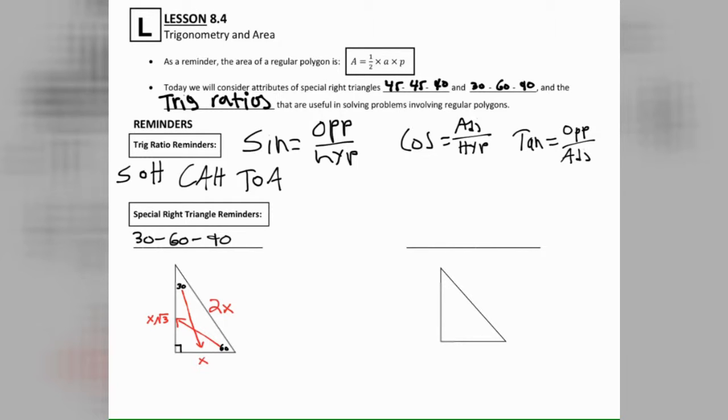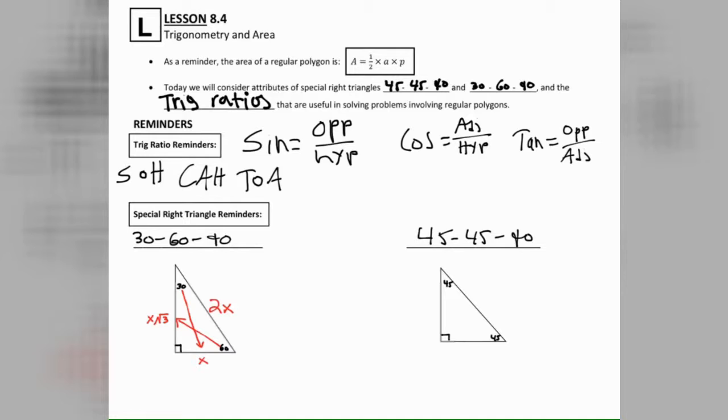So now over here on the right side, we're going to look at a 45, 45, 90. So remember, 45, 45, 90 represents again the angles. So this is going to be your 90-degree angle. This is going to be your 45, and this is going to be your 45.